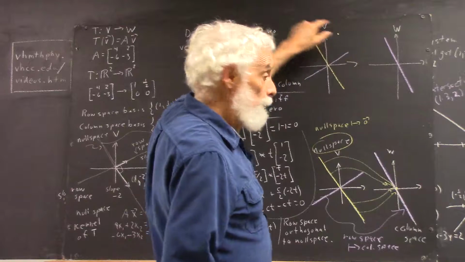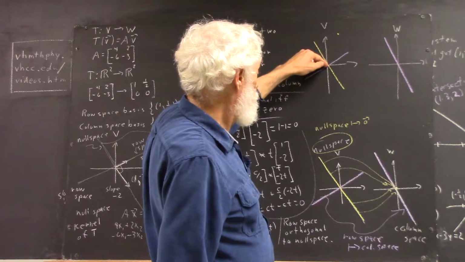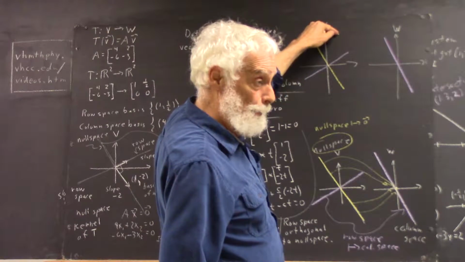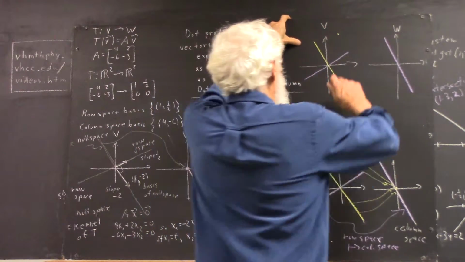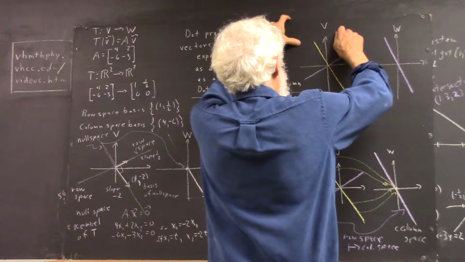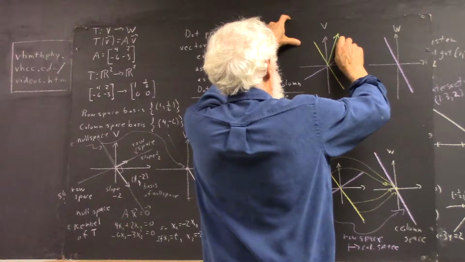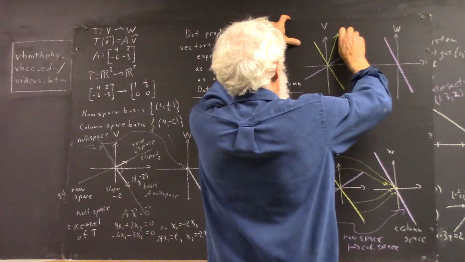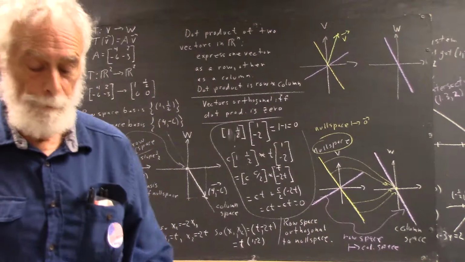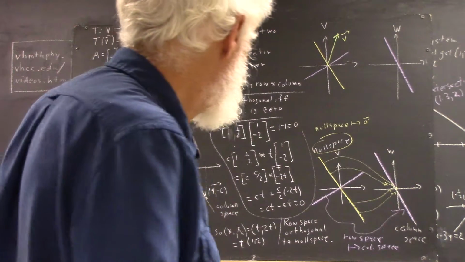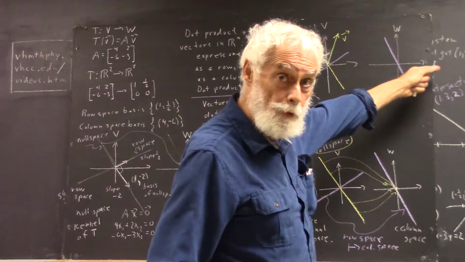Now every point in the plane is identified with a vector with the initial point at the origin, terminal point at that point. So here's a point. So it's identified with this vector, and we're going to call this vector V. That vector V certainly goes someplace over here.